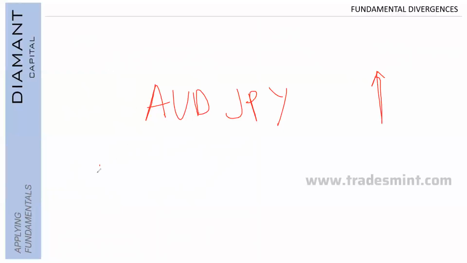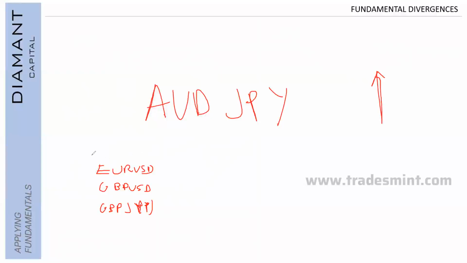If you've got a list of pairs that you look at, so for me, it will be Euro USD, GBP USD, and GBP JPY. These are my main ones that I always look at. You've got to actually look at the fundamentals of every single one.